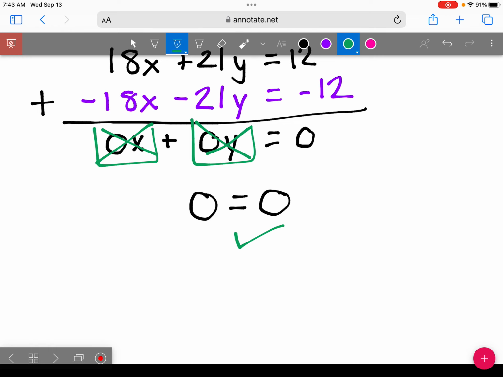Does this work all the time, forever and ever? Does 0 always equal 0? If x is 300, does 0 equal 0? Yeah. If y is negative 5,000, is 0 equal 0? Yeah. So no matter what x is, no matter what y is, 0 equals 0. Which means there's an infinite number of solutions. Infinitely many.